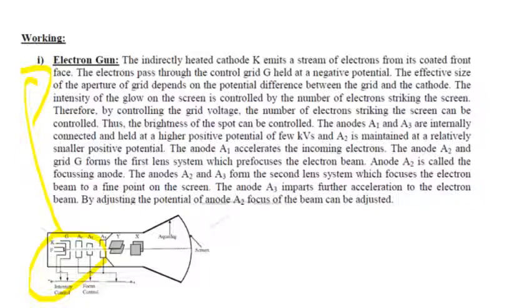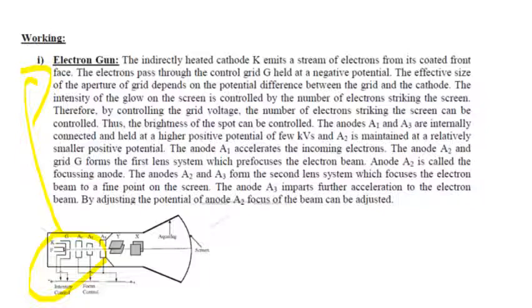The stream of electrons is emitted from the coated front face, and the electrons pass through the control grid. The control grid, as is clear from the name, is used to control the passage of current. We keep it negative. The potential is negative. Why?